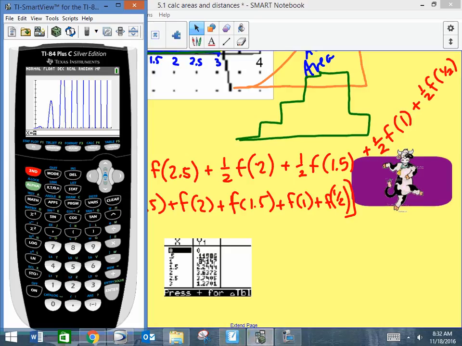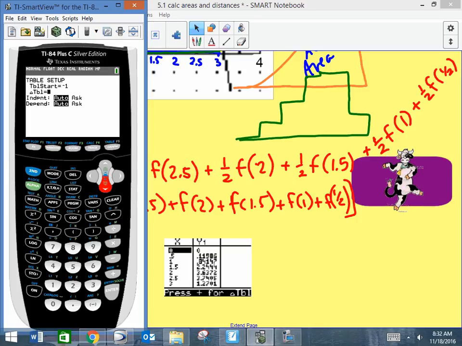Okay, you go second window, says table set right above that in blue. And we want halves. It doesn't matter where you start, but I'm going to make my change in table, that little delta table, to be 0.5. And then when I go over to my table, it's set up as what I want. And that's where I got this.